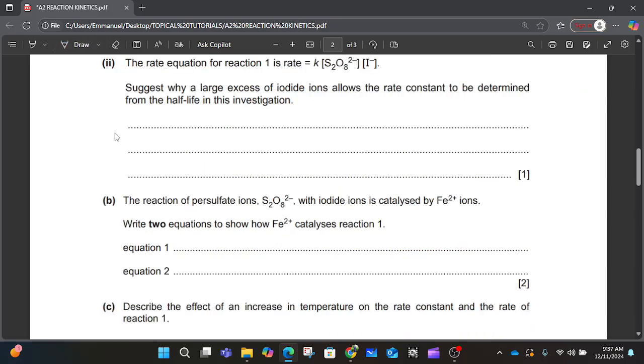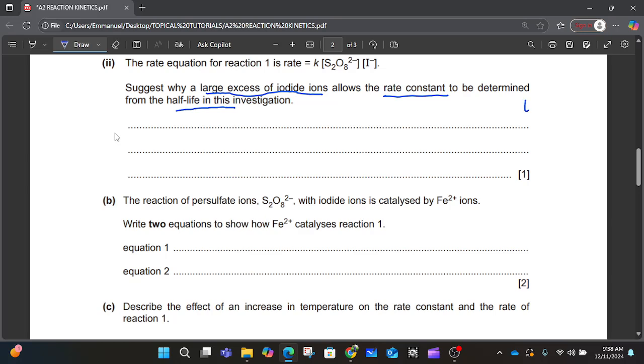The rate for reaction 1 is rate is equal to K, which is the rate constant, times the concentration of S2O8 2- times the concentration of I-. Suggests why a large excess of iodide ions allows the rate constant to be determined from the half-life in this investigation.